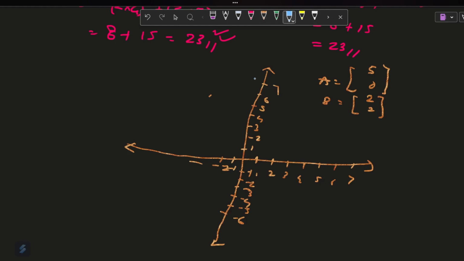When you draw a line to 5, 0, the line looks something like that, and this point is 5 comma 0. Similarly, 2, 2 is somewhere here. Now when we draw the lines, how do we get the length?